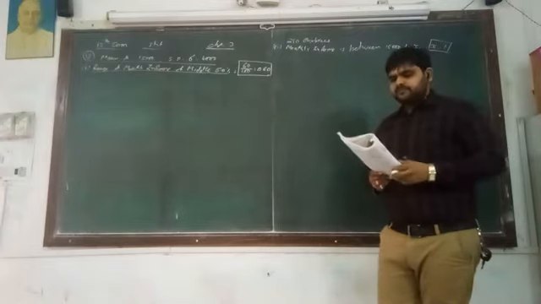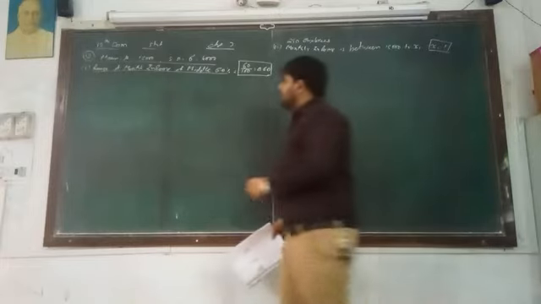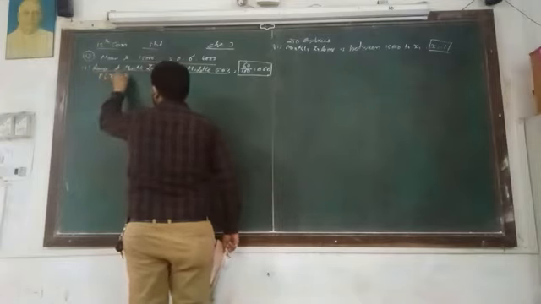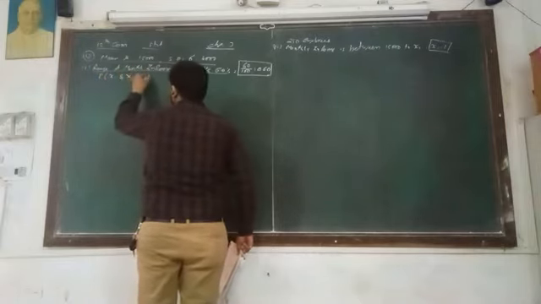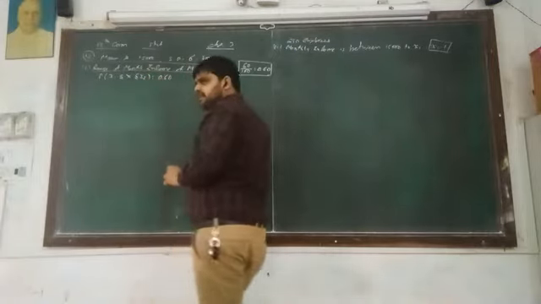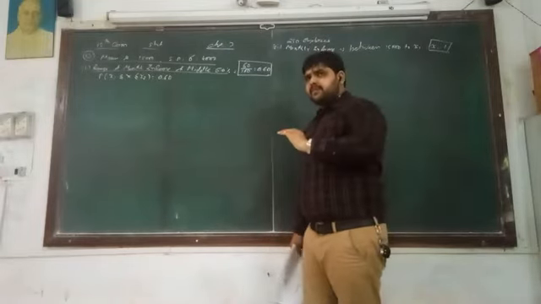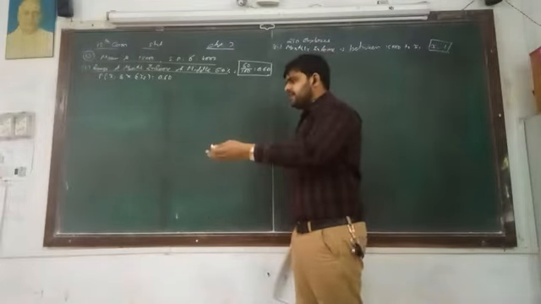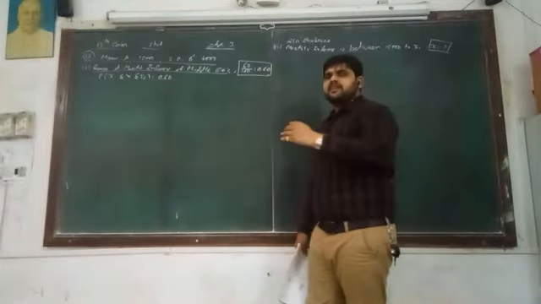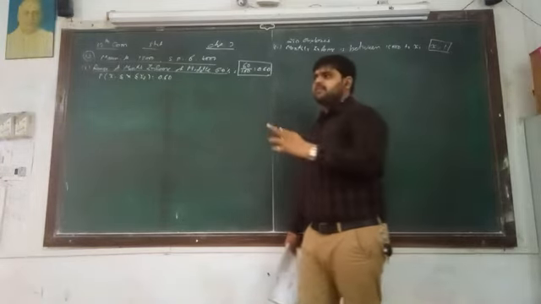So P of x1 to x2 is equal to 0.60. Middle 60% means 30% on the left hand side and 30% on the right hand side.